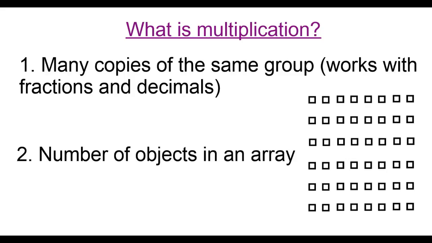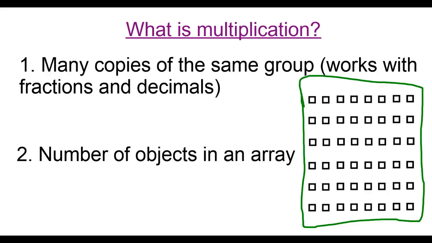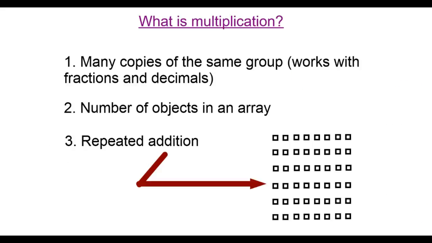Another way that we talked about multiplication initially is a number of objects in an array, a number of rows and a number of columns, and when we count up the objects, we find the number of objects in the array, and then the rows times the columns are how we envision multiplication. And then that gets extended into the definition of multiplication that we're going to use to interpret it with negative numbers, which is that multiplication is repeated addition.